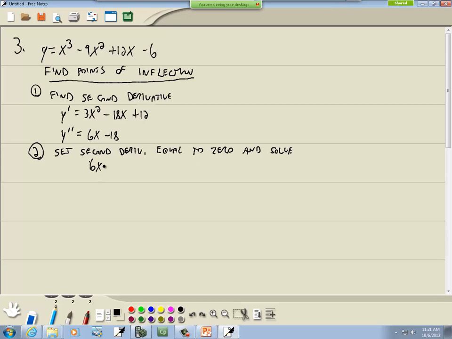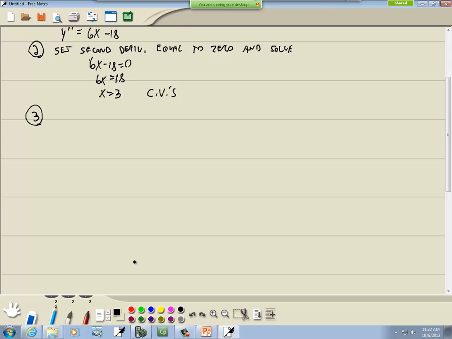So we've got 6x minus 18 equal to 0. Take the negative 18 to the right side, it becomes a positive 18. Divide both sides by 6, and we get 3. Now, these are our critical values. In this case, we only have one. Critical values, again, are where something potentially happens, like the concavity changes.